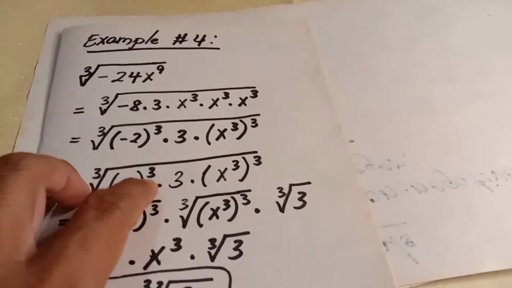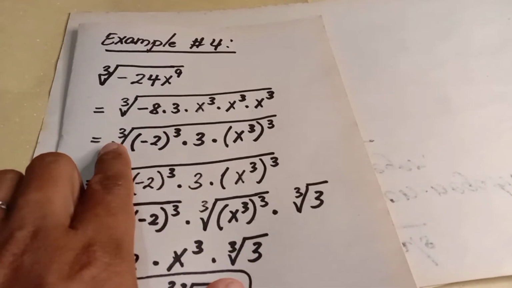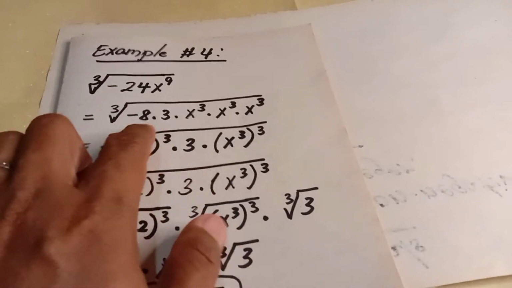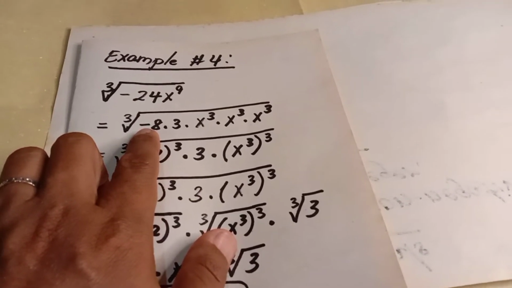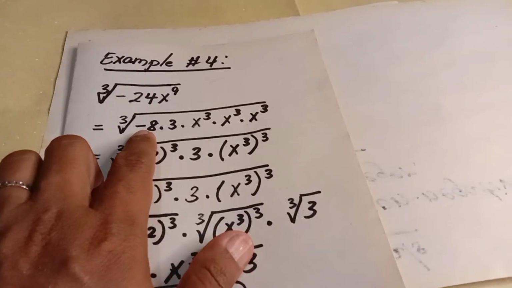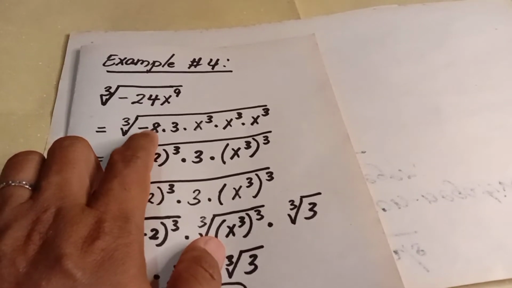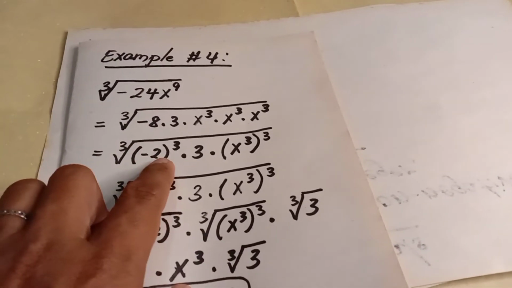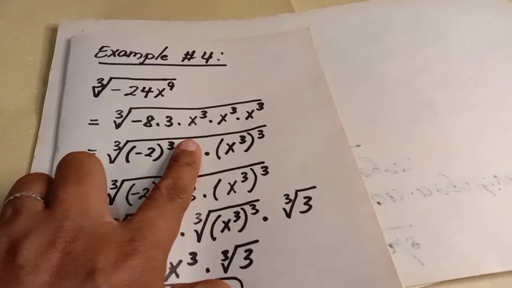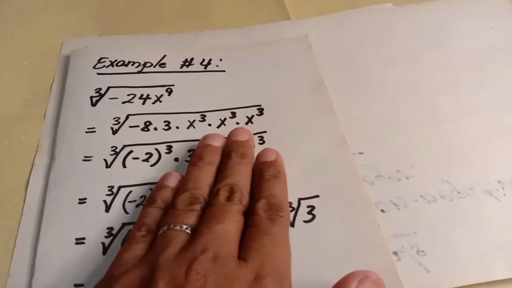Again, to continue further, equals cube root of itong negative 8 guys, i-express po natin into exponential form. Ang equivalent po ng negative 8 sa exponential form is negative 2 to the exponent 3. Diba guys? Wag nyo muna tingnan dito sa right side guys.